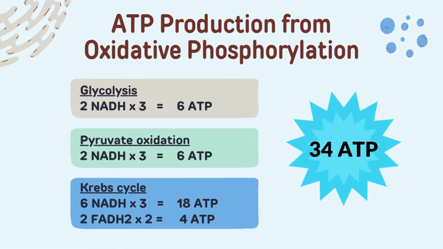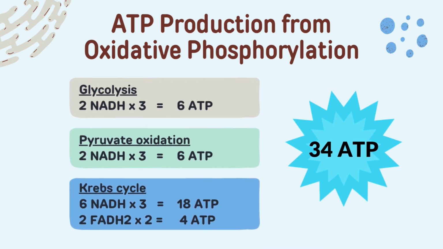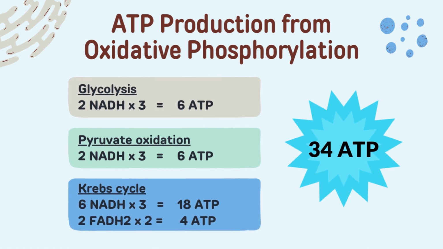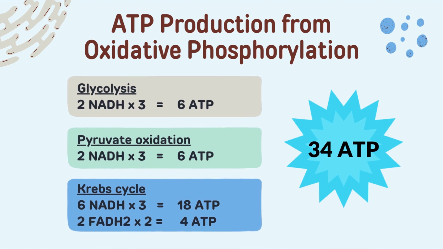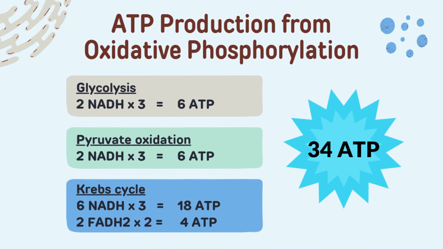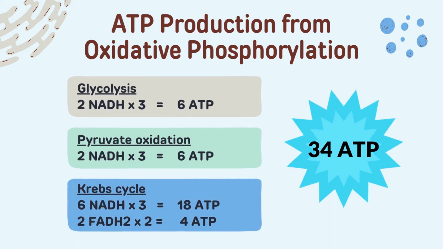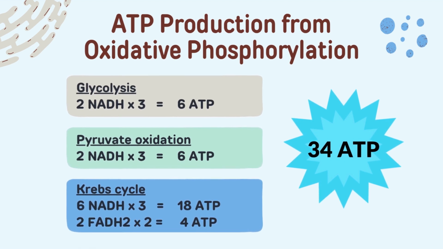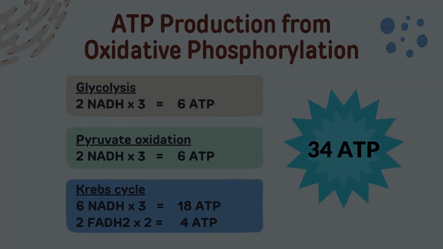In the Krebs cycle, 6 NADH and 2 FADH2 are formed. When their electrons enter oxidative phosphorylation, the 6 NADH produce 18 ATP, and the 2 FADH2 produce 4 ATP. Altogether, oxidative phosphorylation produces about 34 ATP, which represents the main energy output of aerobic respiration.